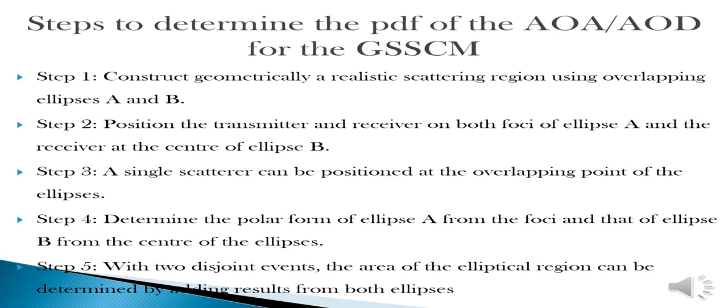Now, these are steps to determine the PDF of the angle of arrival or angle of departure for the GSSCM. To determine the PDF of the angle of arrival, we are going to follow steps 1, 2, 3, 4 up to step 7.